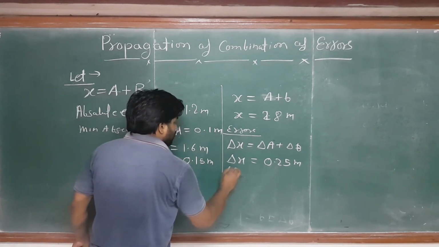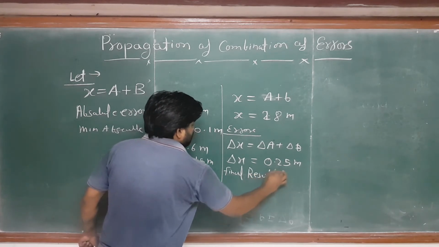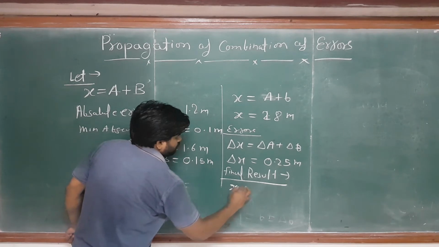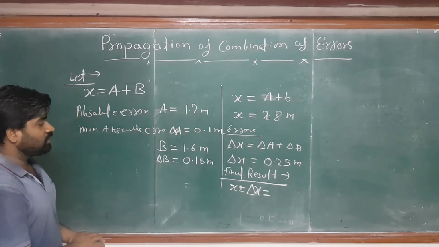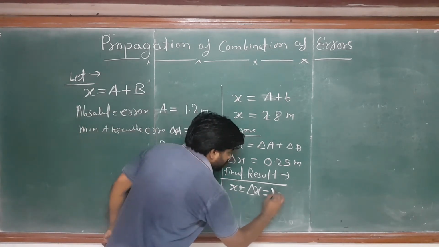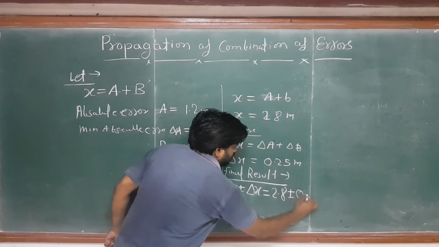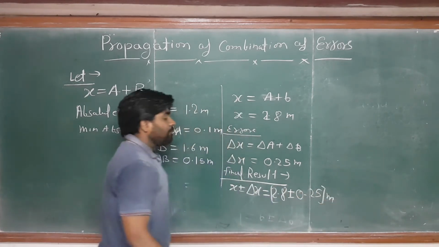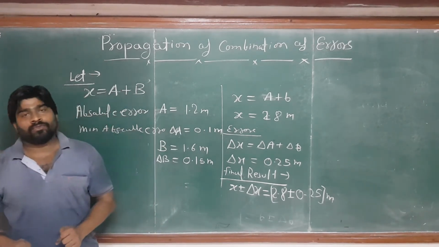The result is always written in x plus minus del x form, and this is equal to 2.8 plus minus 0.25 meter. यानी प्लस माइनस हो सकता है या तो 0.25 ज्यादा होगा या 0.25 कम होगा.